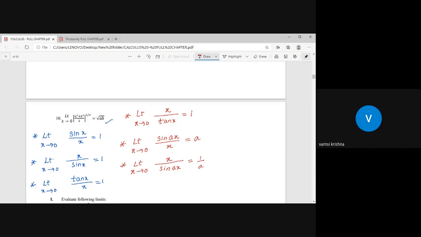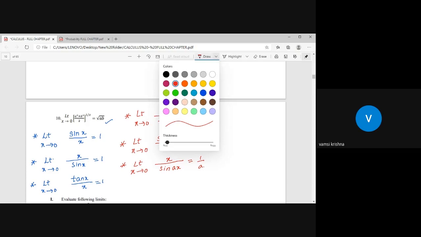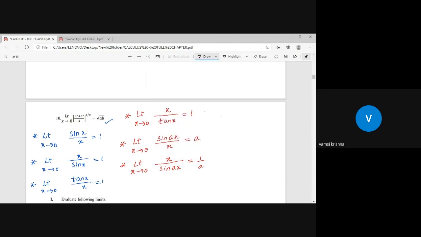And in the same way, let us take the tan reciprocals also. Limit x tends to 0, tan ax by x is equal to a. And limit x tends to 0, x by tan ax is equal to 1 by a.